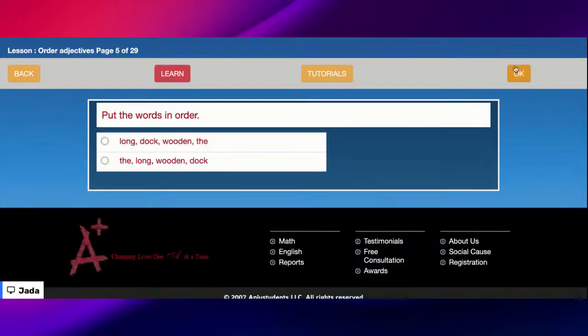So next one we have long, dark, wooden, the. What's the right answer here? A 50-year-old copper. Okay. Next. Option two.